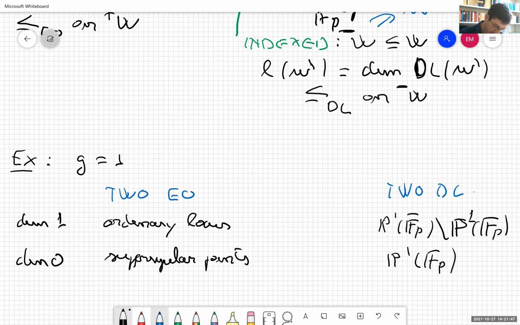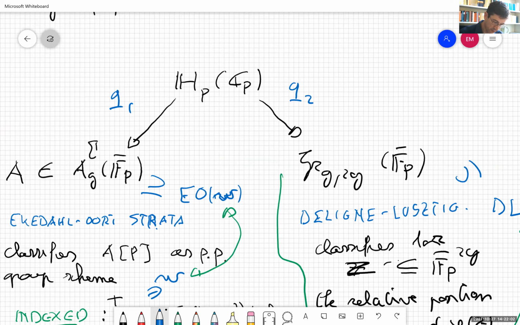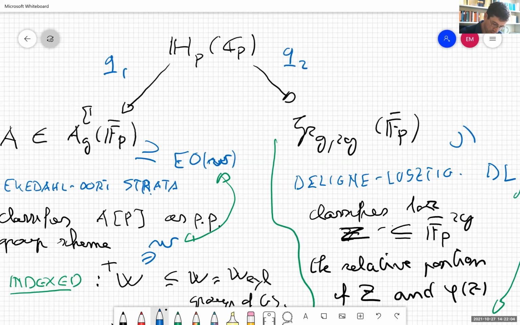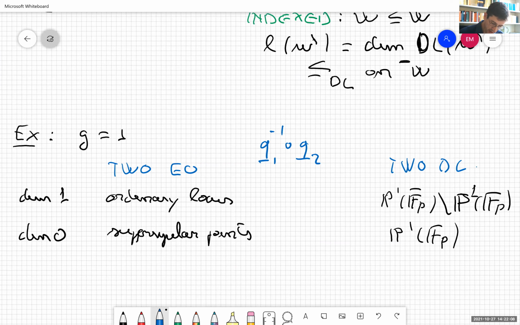And the funny thing that was observed by Scholze and Caraiani, actually Scholze for A_g, is that if you apply Q_2 composed with Q_1 inverse, remember that we have this correspondence, right? So I take the inverse image by Q_1 and I take the image by Q_2. These two loci are flipped. So the one-dimensional locus is actually mapped to the zero-dimensional locus.